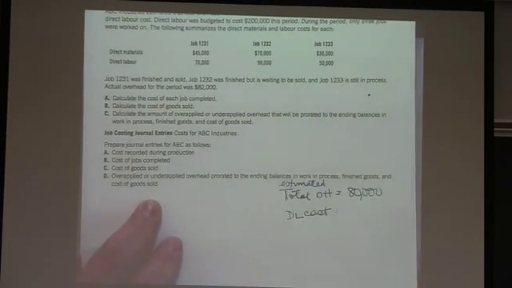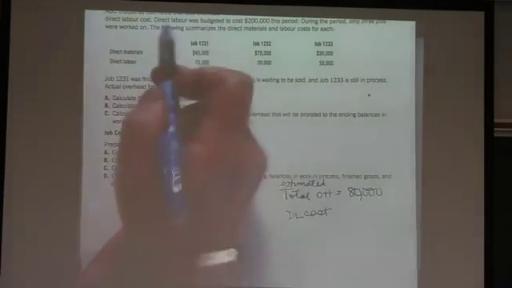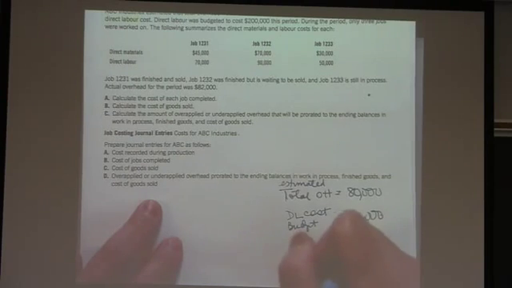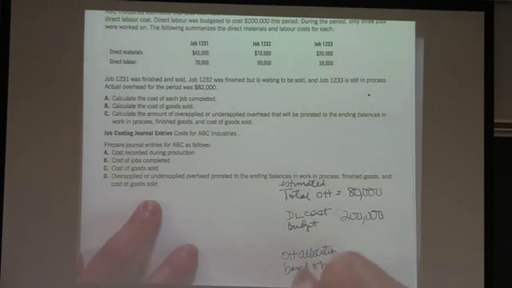So it's going to be a percentage of direct labor cost. The direct labor cost budgeted is $200,000. So we know that the overhead allocation based on direct labor cost is 80 divided by 200, or 40%.